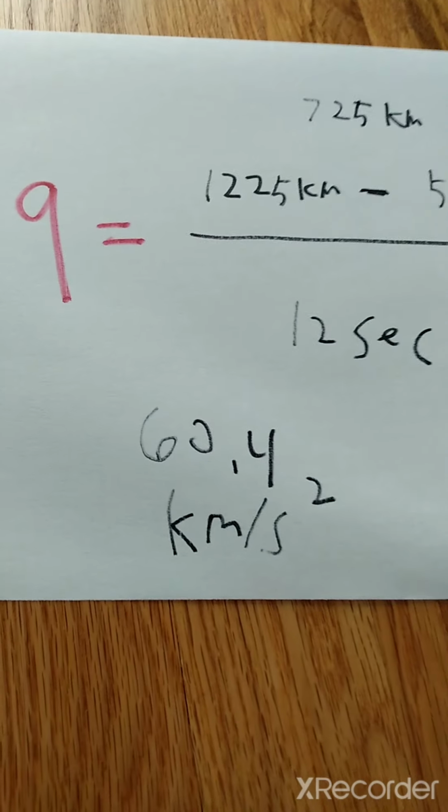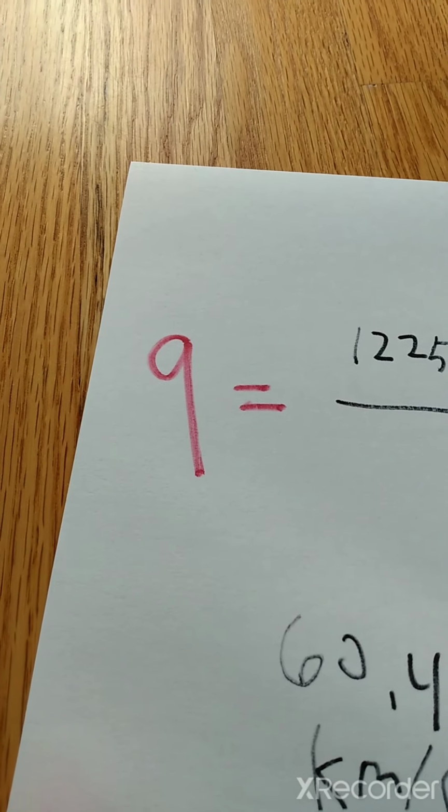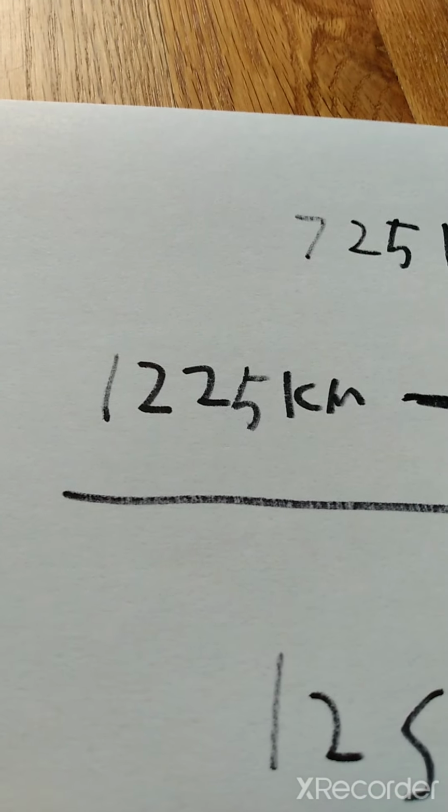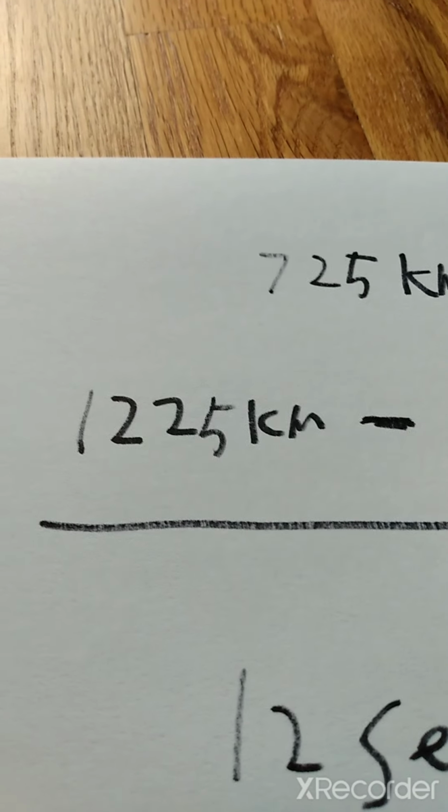Hooray! We found the answer to what acceleration is. But why does the Shinkansen have to reach 1,225 kilometers per hour to reach Ultra Evolution speed?